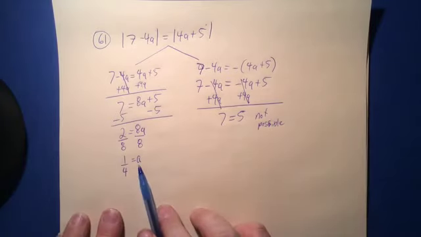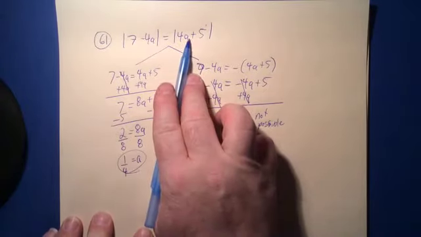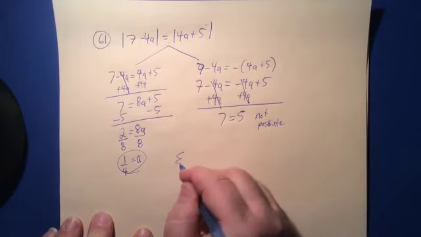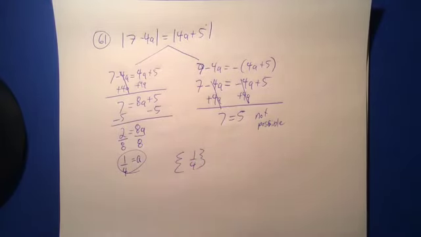However, we do have a solution for this one, and in that case, the solution is 1 over 4. So for this absolute value equation, we only have one solution that we can put in the set, and that's going to be 1/4. I hope that this helps to clarify this procedure, and please feel free to bring your questions to class. The next lesson is going to cover absolute value inequalities.